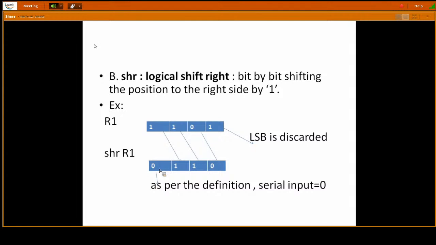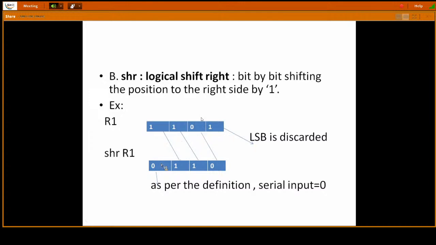In case of logical shift left, the MSB bit is discarded, LSB bit is filled with 0. Whereas in case of logical shift right, your LSB is discarded and MSB is filled with a serial input of 0.